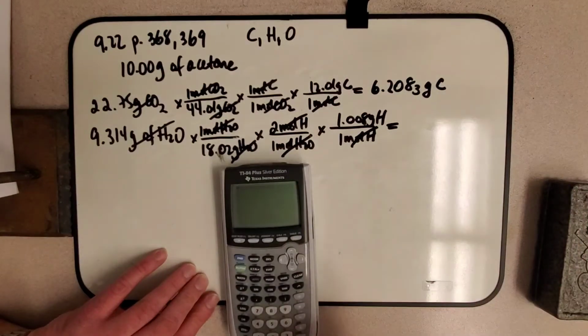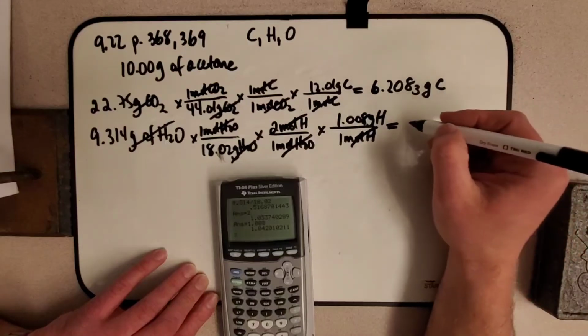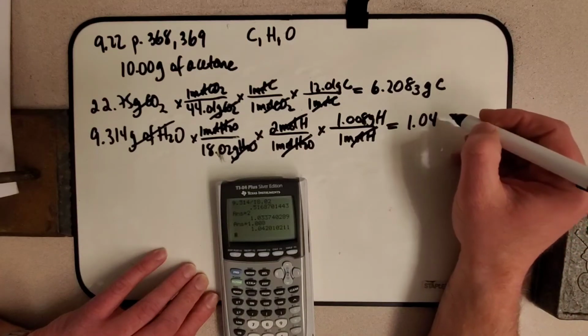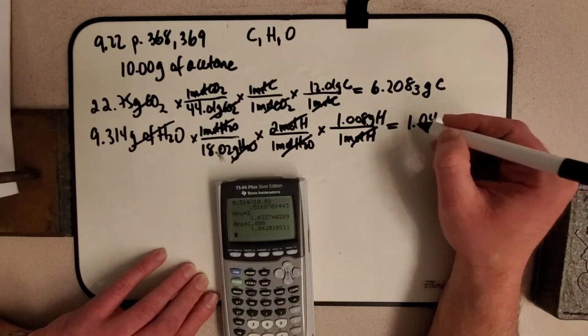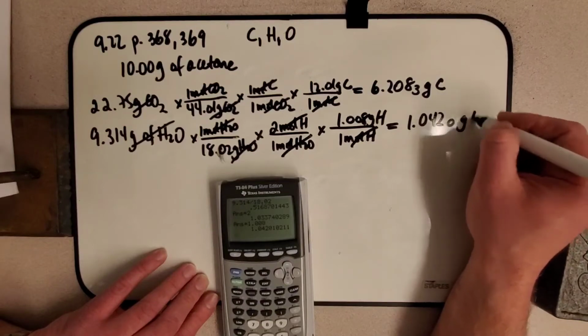So the next thing is 9.314 divided by 18.02 times 2, and then times 1.008. All right, so I got also 4 significant figures, 1.040, and a little 2, grams of hydrogen.